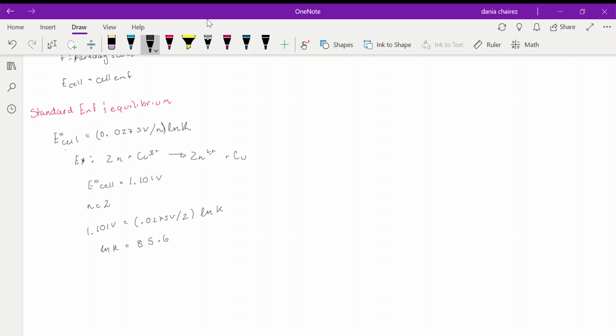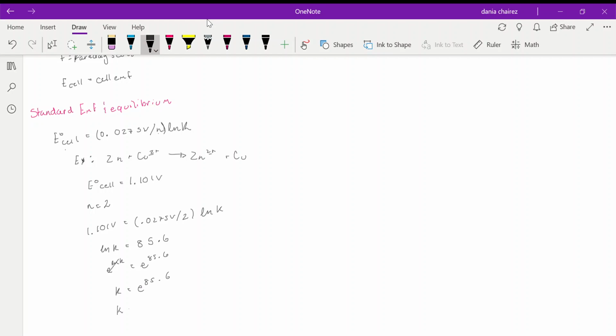And then the volts are gone because we all know that K is unitless, and either way we're dividing by volts. So then we raise it to the E, or E raised to 85.6, and then that cancels out, so you're left with K is equal to E to the 85.6.